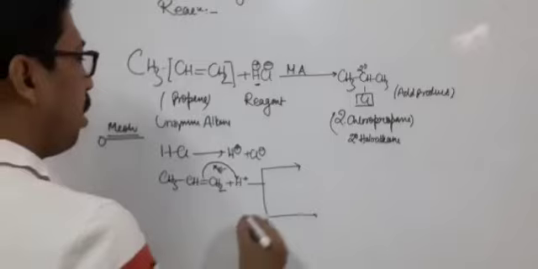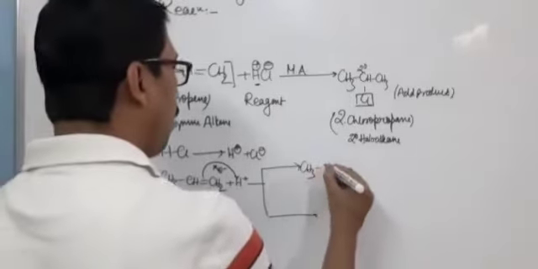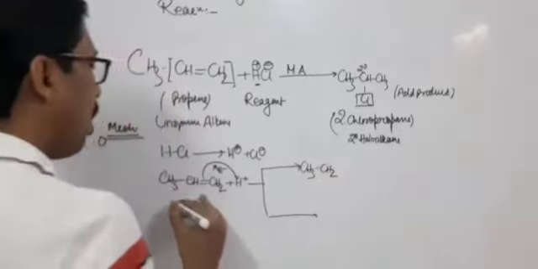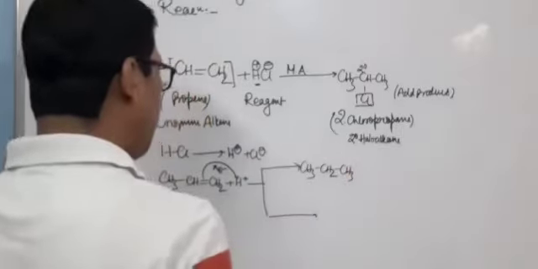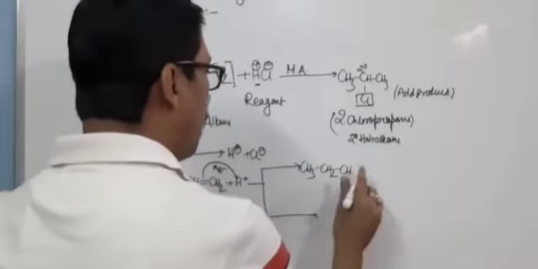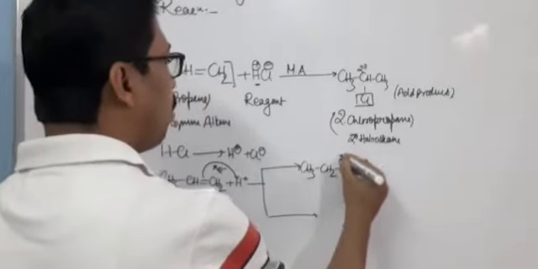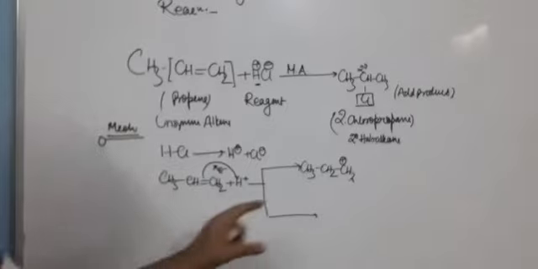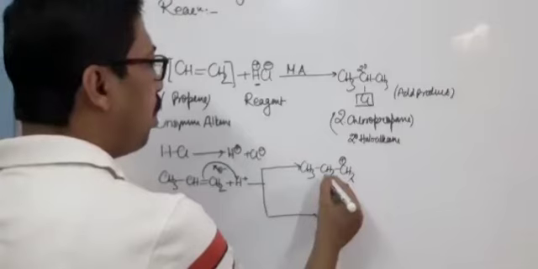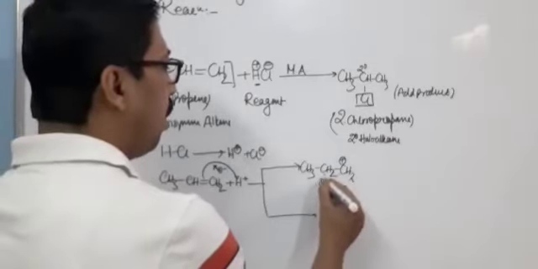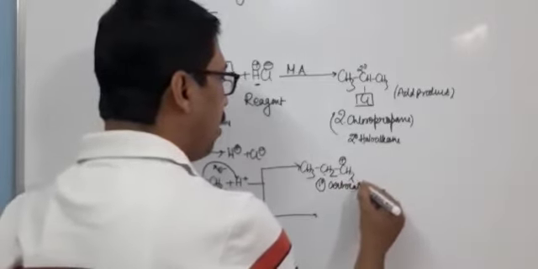Let's see what happens. If we attach H plus to the left side double bonded carbon atom, then we are getting this, and the last carbon has 3 bonds, which means it will carry positive charge, and C plus is attached with 1 adjacent carbon, so it is 1-degree carbocation.